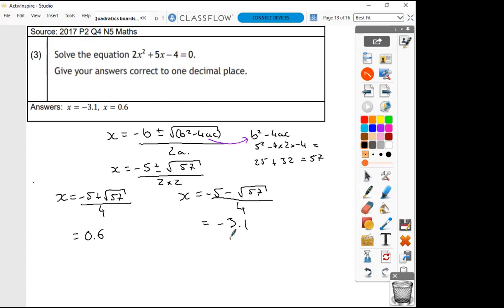So for the coordinates: (0.6, 0) and (-3.1, 0). Okay, that's your two roots where you're crossing the x-axis.